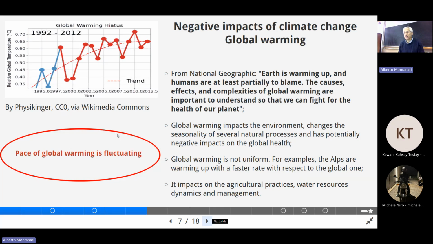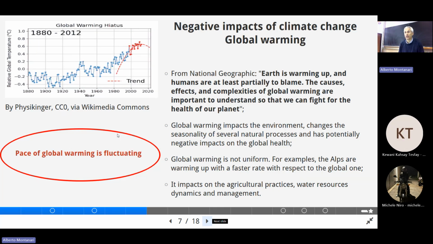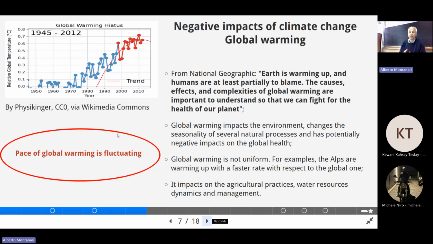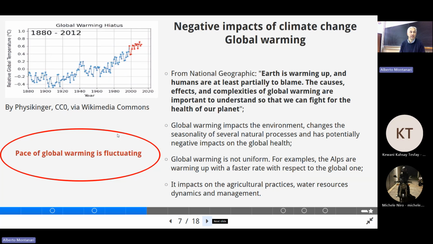So Earth is warming up, no question on that. And humans are at least partially to blame. I think this is a very correct way of saying things. And sometimes we hear that the responsibility of global warming is humans. I don't think it is really correct because it's not accepted unanimously, and it's not demonstrated.